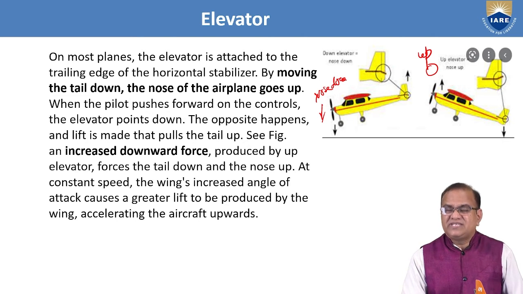This is happening due to increase or decrease of the lift on the tail. When you want to make nose down, your tail should generate a force up, so your elevator has to deflect down. Here we want nose up. It means the tail should go down, so your elevator should go up as shown in this diagram, so that the nose is up.